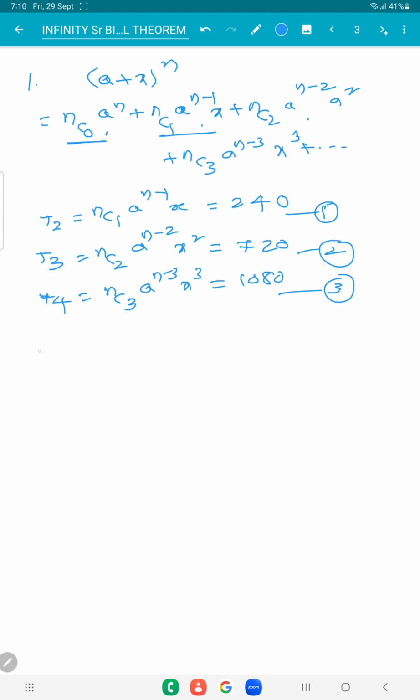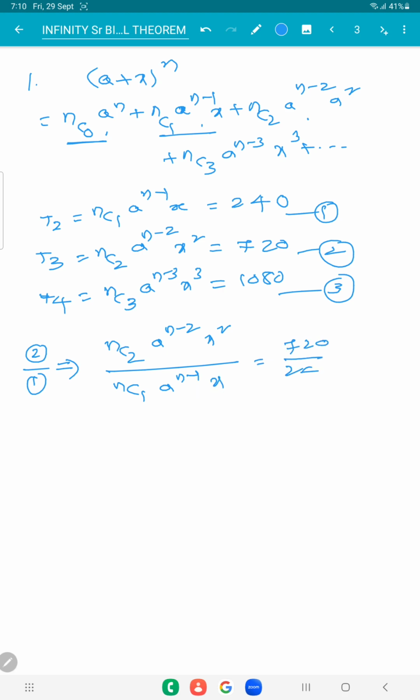We need to find the a, x, n values, right? I am going to do 2 by 1. nc2 a power n minus 2 x square by the left hand side a power n minus 1 x, that is equal to 720 by 240. Now apply that formula: nc2 by nc1. n is the same, difference is 1.